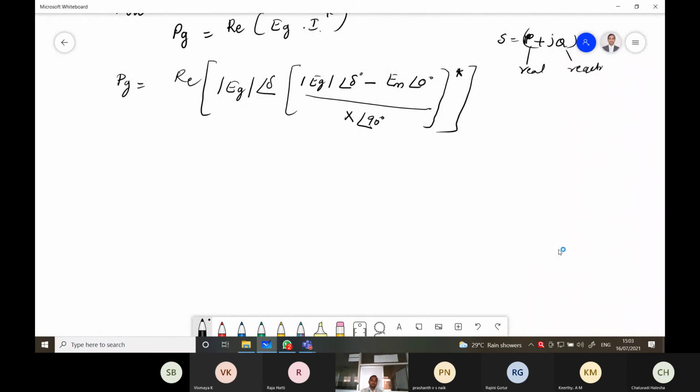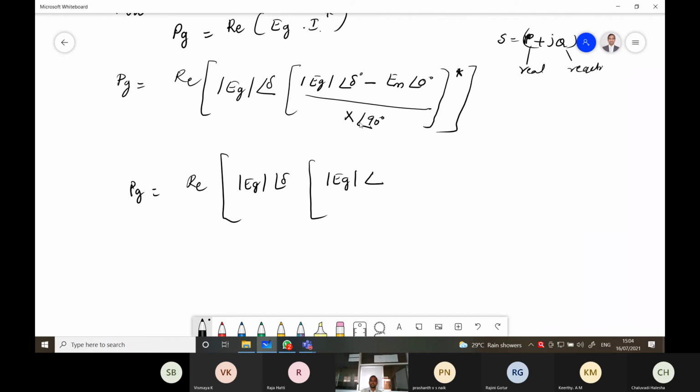So now Pg is equal to the real part of EG at an angle delta, conjugate. When we remove the conjugate, the angle becomes negative.